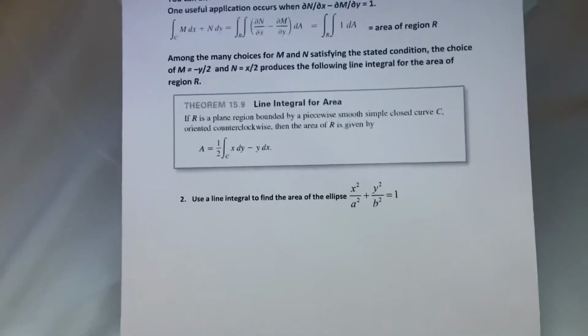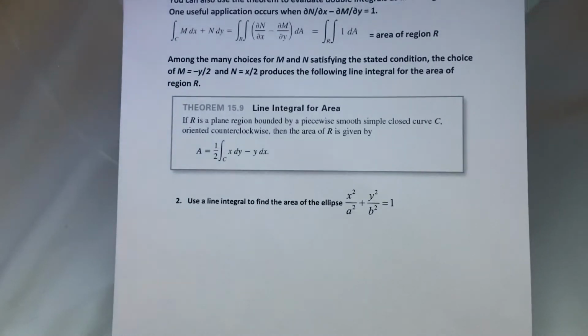Now, you can also use the theorem to evaluate double integrals as line integrals. We just converted a line integral to a double integral, but we also can go backwards. One useful application occurs when the difference between these two is 1.